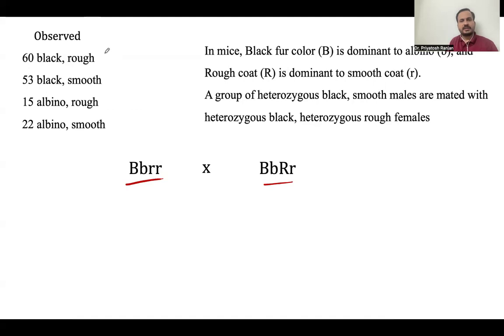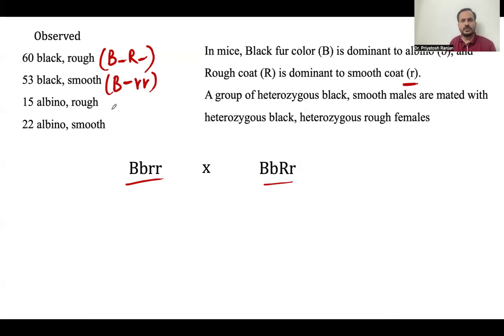Remember, black is dominant, so it could be B dash, and rough is capital R dash. Black and smooth is going to be capital B dash and smooth. For a smooth appearance, you need to have the homozygous condition, small r, small r.